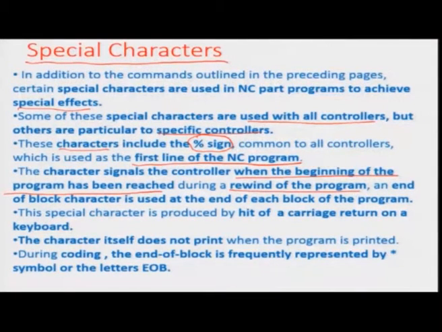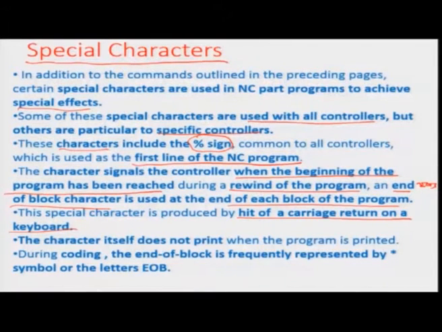and an EOB or end of block, as we commonly call, is to signify that at the end of each block of the program there should be such an EOB, so that it can go to the next block. Okay. So, the special character is produced by hit of a carriage return on a keyboard. So, whenever you are entering the different blocks, after a block is finished typing, you generally enter to go to the next line, and so that enter automatically gives you an end of block command.